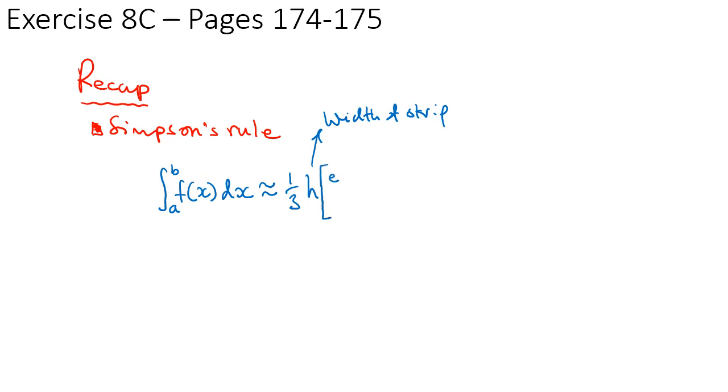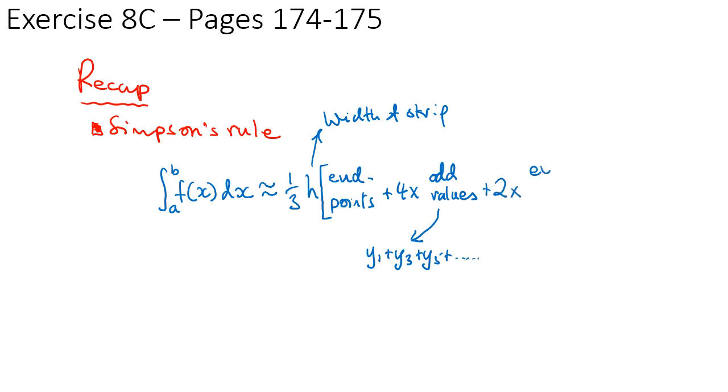Then we want to add together our endpoints, plus 4 times by the odd values. So these are going to be y1 plus y3 plus y5 plus and so on, plus 2 times the even values.